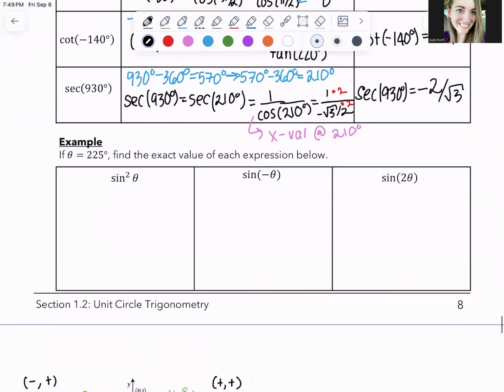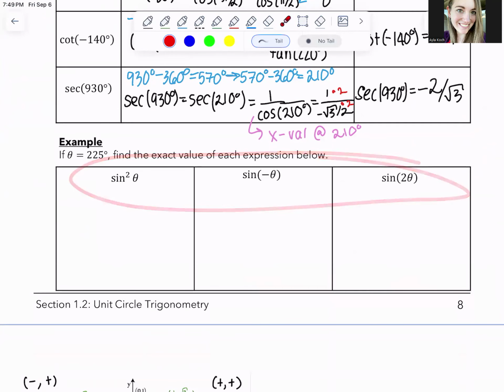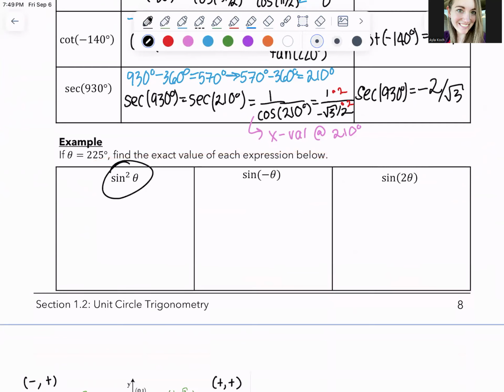Okay, cool. Last bit. So here's some notation that you're going to need to know. This notation, sine squared theta. When you see sine squared theta, or cosine or tangent, any of them, this means you take sine of whatever the angle is, and then you square it.